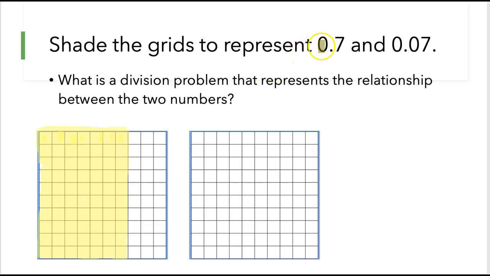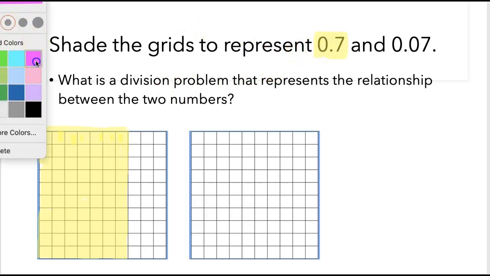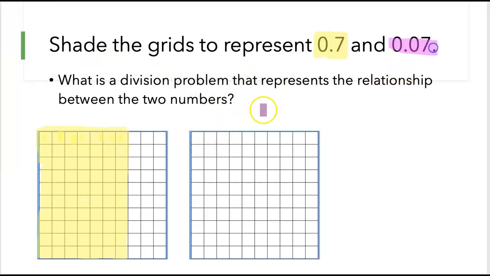Then it says shade 7/100. So 7/100 is going to be in pink. 1, 2, 3, 4, 5, 6, 7. So this pink area right here is 7/100. Yes, my shading is off. Please don't judge.